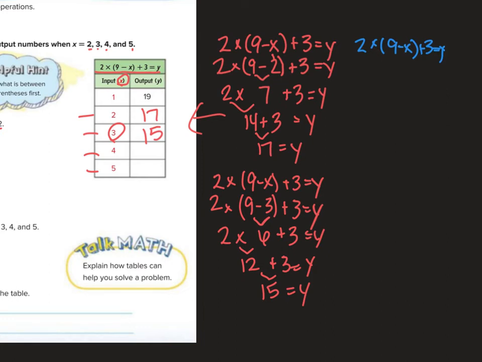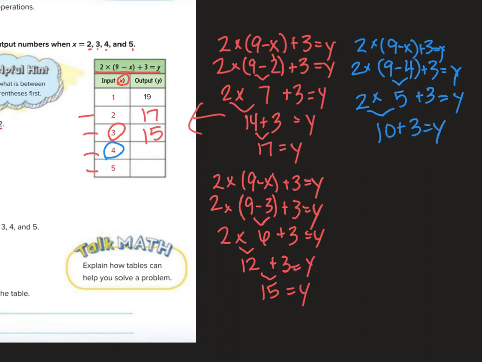Instead of x, we need to plug in a 4 this time. 9 minus 4 is 5, plus 3 times 2 equals y. Okay, multiply first because we do multiplying before adding. 10 plus 3 equals y. So y is equal to 13.